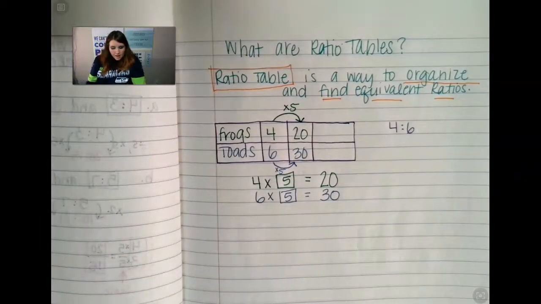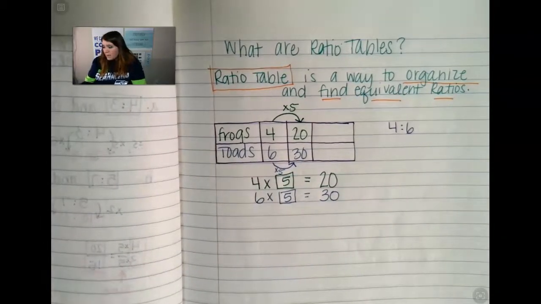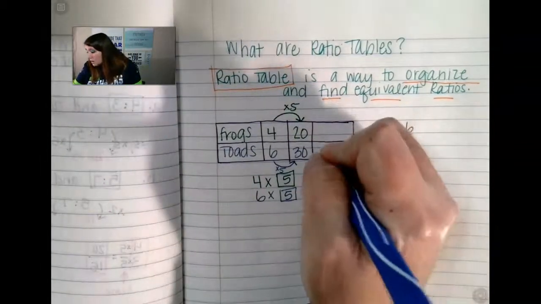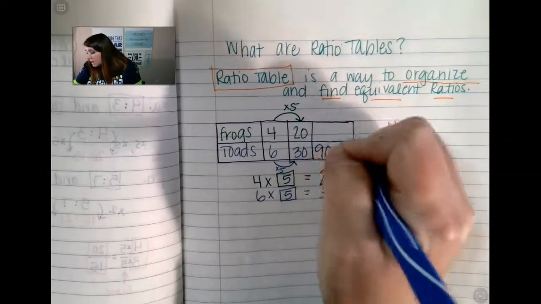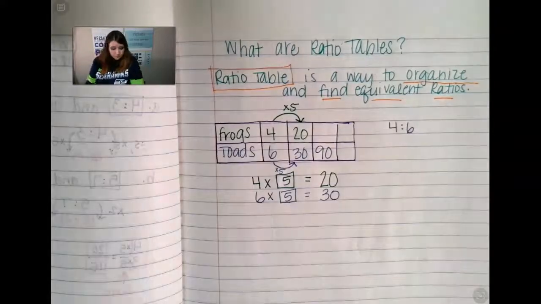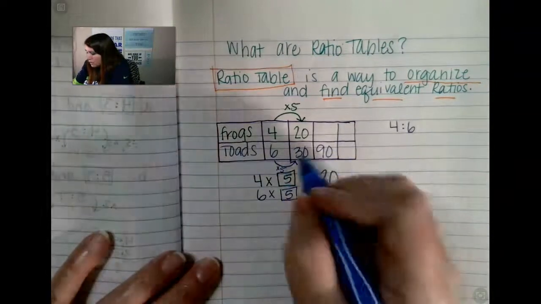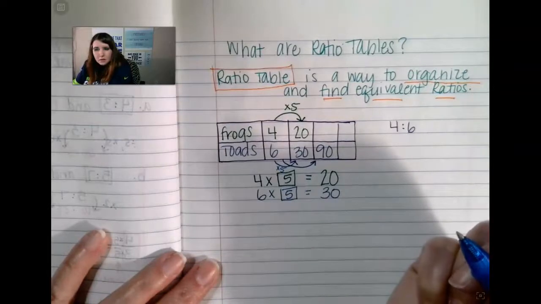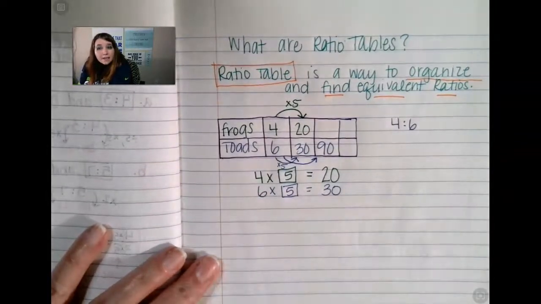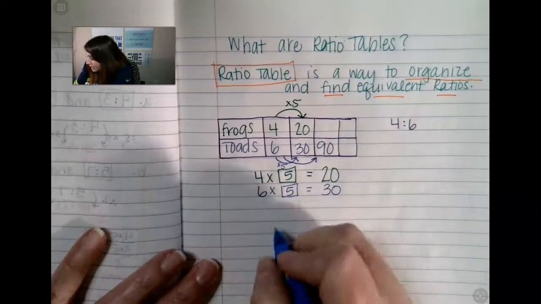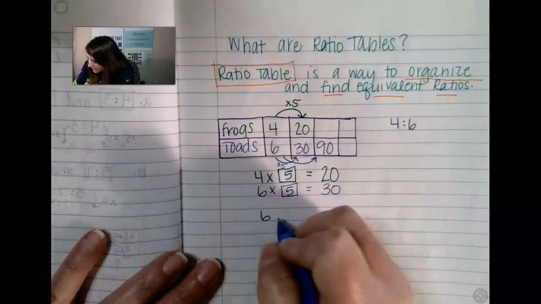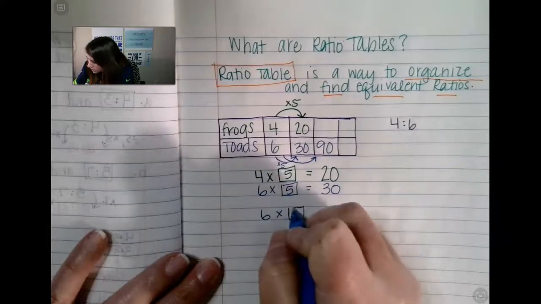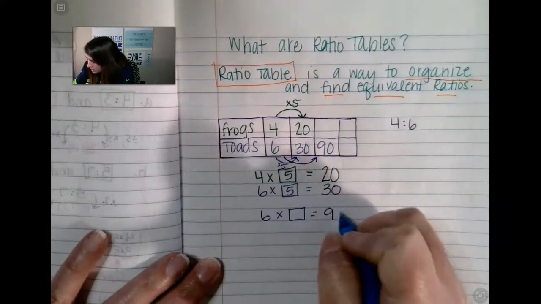Well, what if I know how many toads there are? So let's say I have 90 toads. I need to know, how did I get from 6 to 90? I can find the multiplicative ratio of going from 6 to 90 by asking myself, 6 times what equals 90?